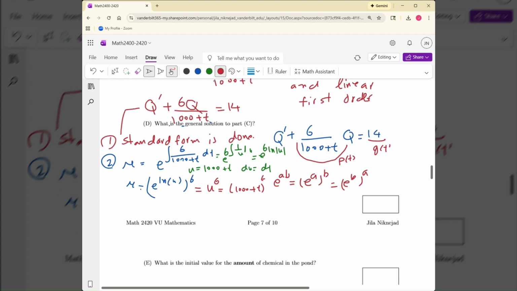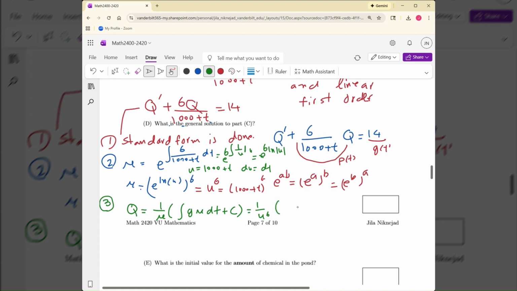The following step is computing Q. So Q is going to be 1 over mu times the integral of g(t) times mu dt, plus c. And so 1 over mu, let's keep that as 1 over u to power 6.